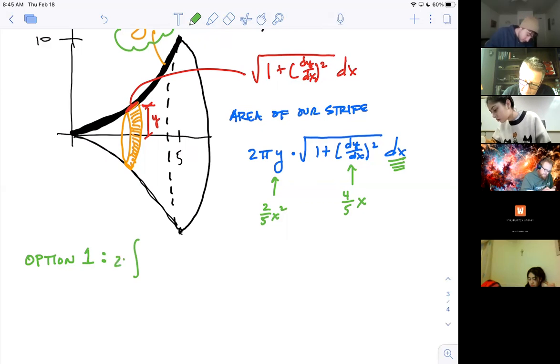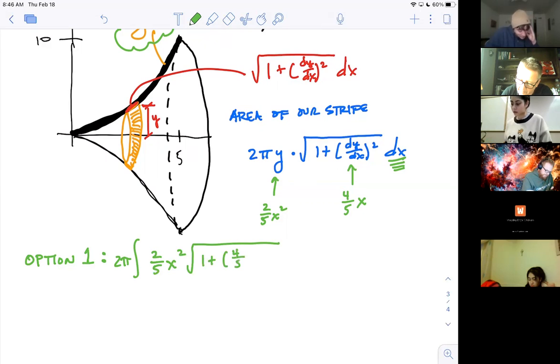We're in danger this time. 2 pi times y, which we're now replacing with 2/5 x squared, and that means I could even pull the 2/5 out front. And then this is the square root of 1 plus 4/5 x squared, dx. And we're working with x's, and so the x's for this are still between 5 and 0. Does everybody understand what Eve just said, though?